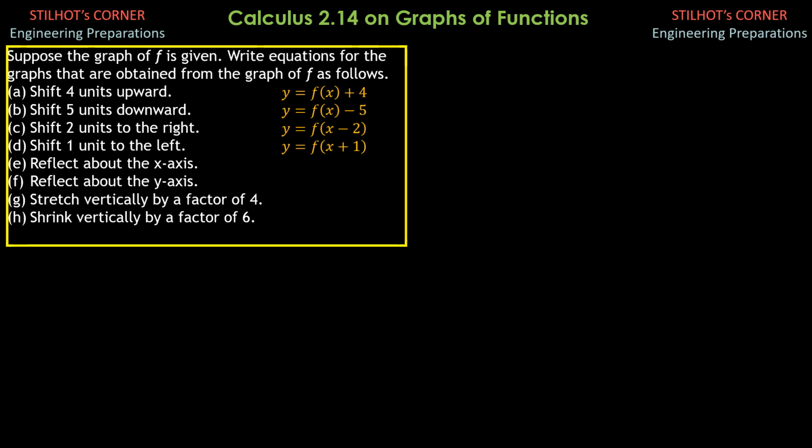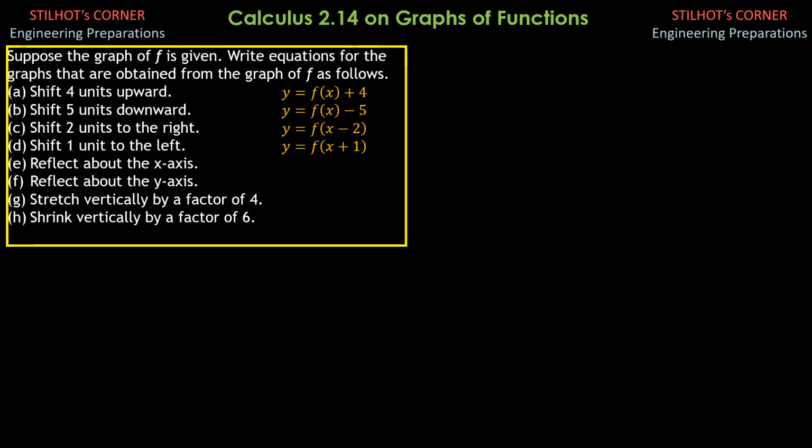And from the preceding exercises, especially on graphs, I hope that you will learn techniques on how to write equations of functions based on these recommendations or this procedure. Reflect about the x-axis. If the graph is initially above the x-axis, then if we reflect it about the x-axis, the ordinates would be negative.